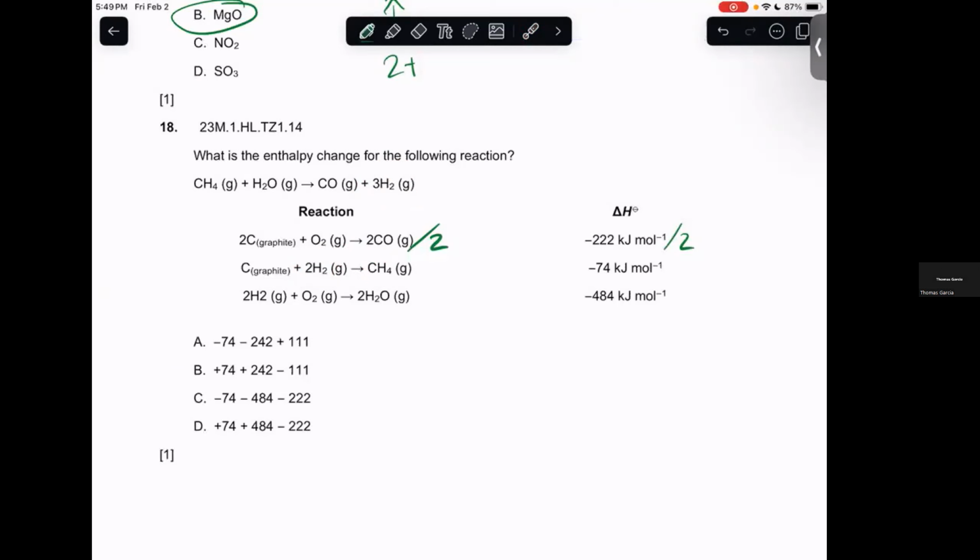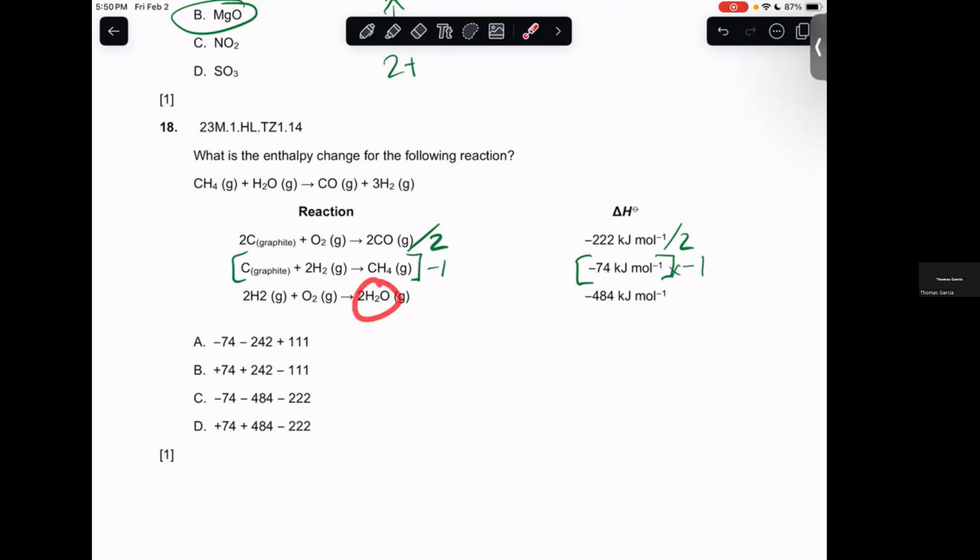So we're actually going to go ahead and multiply this whole thing by -1 because we're going to take the inverse of this reaction. We're going to actually take this reaction and go backwards with it. So instead of losing 74 kilojoules per mole, we're going to reverse the reaction and add in 74 kilojoules per mole.